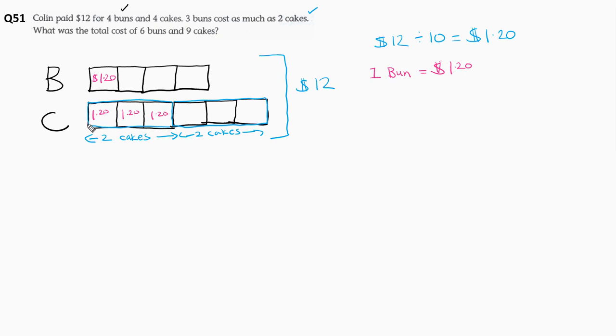Now, we know that 2 cakes has a value of 120 times 3, which is 360.